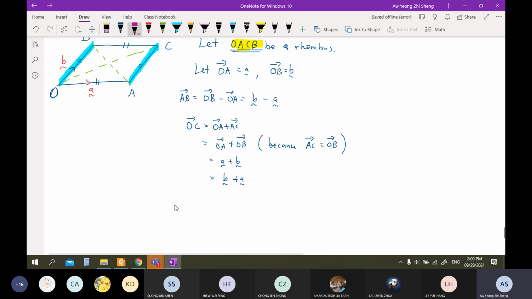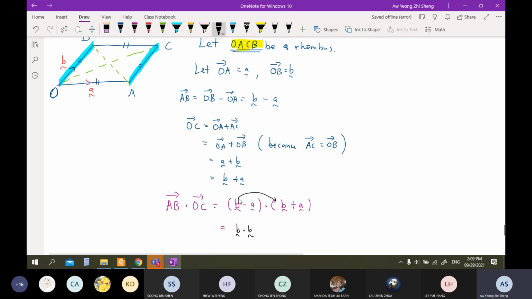Now it's time to dot them together. AB dot with OC, that will be B minus A dot with B plus A. B dot with B. Sorry, I should do it in a more systematic way.